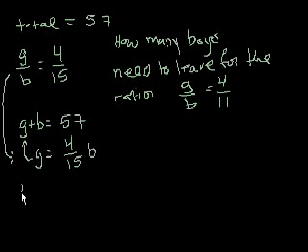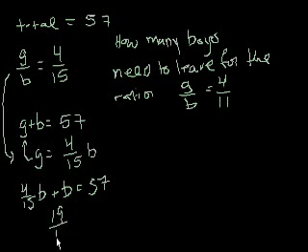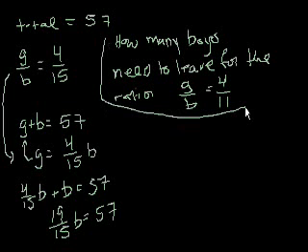And then we get 4 over 15 b plus b is equal to 57. And this is the same thing as 19 over 15 b is equal to 57. Let me clean this up a little bit.